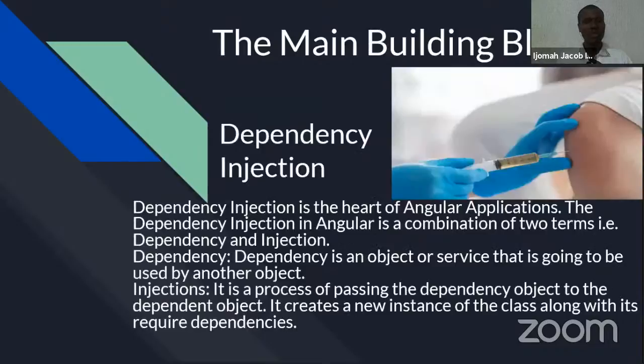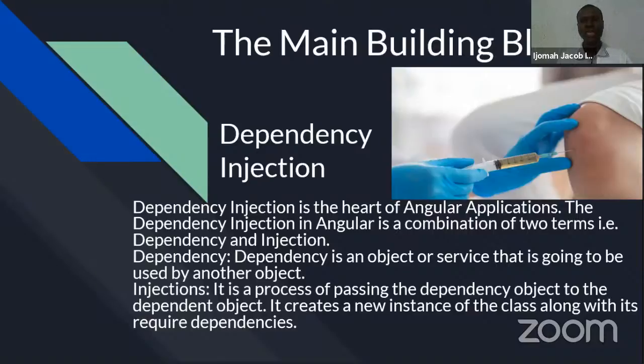So the next one is dependency injection. Just as the name implies, giving an injection for a particular purpose. In Angular, injections are made. It's a process of passing a dependency object, just like in normal mathematics, we have dependent variables and independent variables, X and Y axis. You know that Y is dependent on X, while X is just an independent variable.